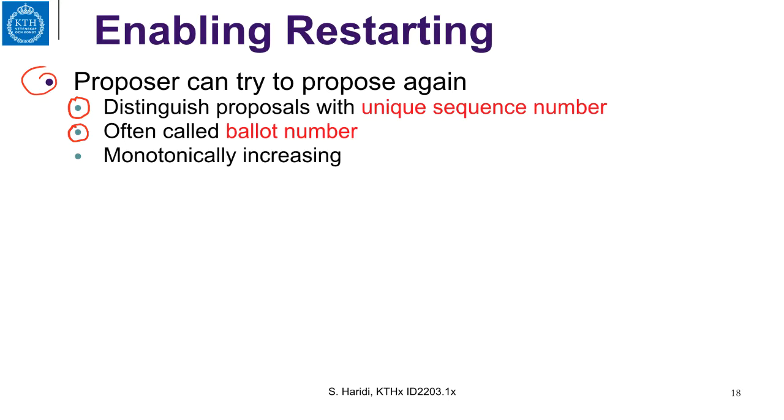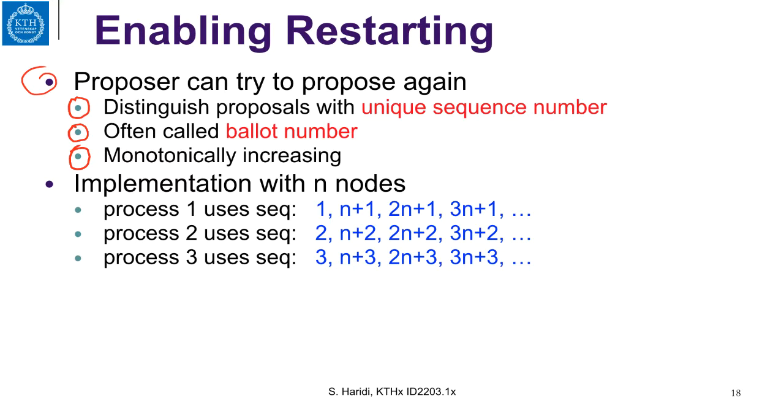To do that, how can we have unique proposals? If we have n nodes, the first proposer will use the sequence 1, n plus 1, 2n plus 1, and so on. The second process will use 2, n plus 2, 2n plus 2, and so on. So that is a way to arrange the proposals so that they are unique.